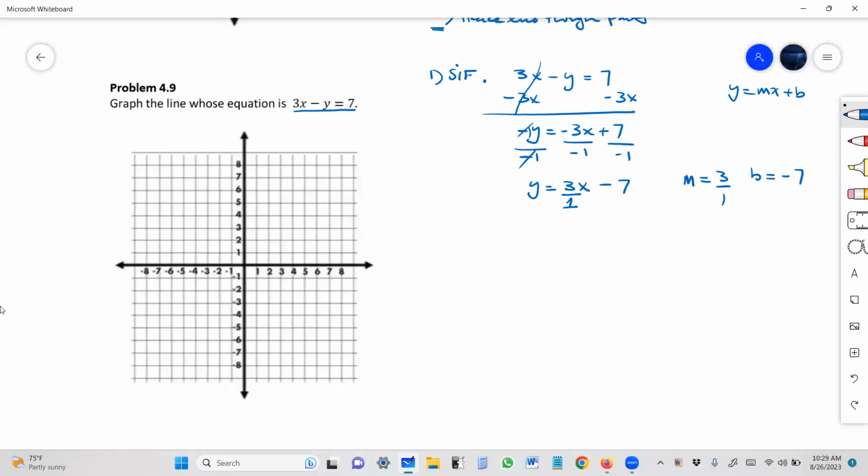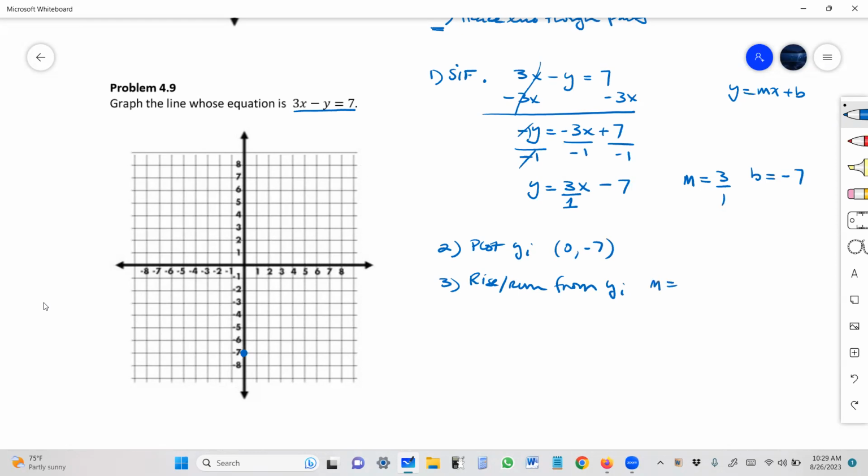Okay, so that's the first step. Second step is plot the y-intercept, which is 0, -7. And remember, it's on the y-axis. So here is my y-intercept at -7. 3, I am going to do rise over run from the y-intercept.